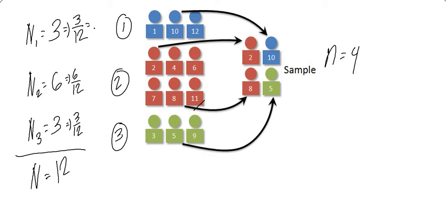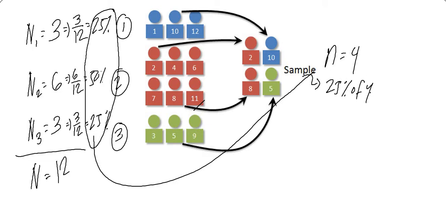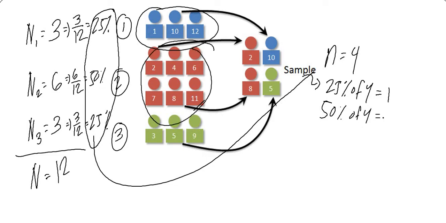As we all know, 3 out of 12 is 25%, 6 out of 12 is 50%, and 3 out of 12 is another 25%. Therefore, if we take these values to the sample, this means that we have to take the 25% of 4 so that we can take that number in stratum 1, and 25% of 4 is 1. Similarly, we have to take the 50% of 4 so that we can take it from stratum 2, and that is 2.